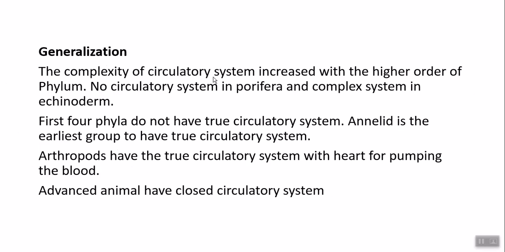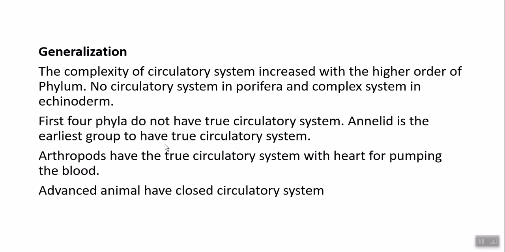Generalizations. The complexity of the circulatory system increases with the higher order of the phylum. No circulatory systems are found in the lower groups, particularly Porifera and Cnidaria. Complex circulatory systems are seen in the echinoderms, because we saw there are two hemal systems closely associated with the water vascular system. Four phyla do not have a true circulatory system.